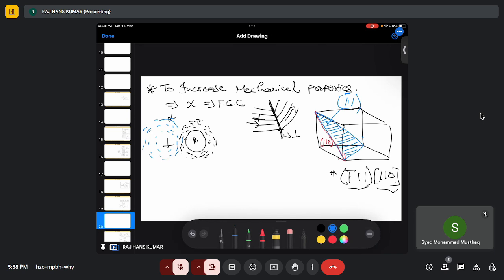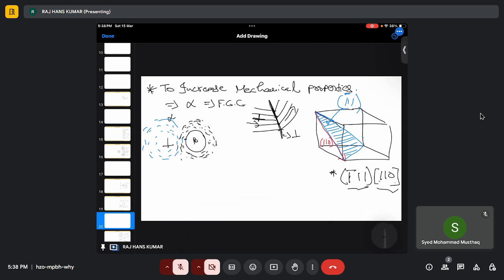When these two strain fields come near each other, the dislocation motion will be obstructed. So one is the grain boundary, and the next is the precipitate strain field; because of it, the dislocation cannot move further.